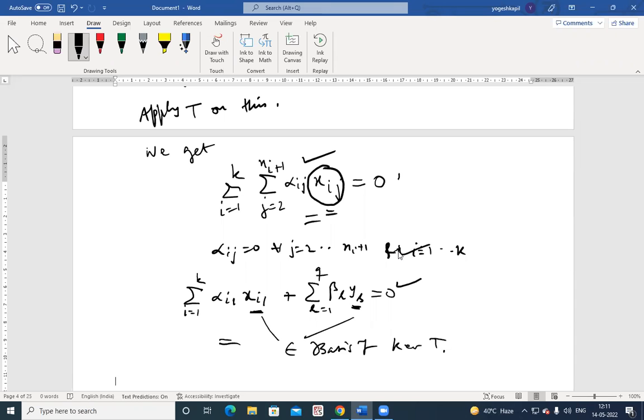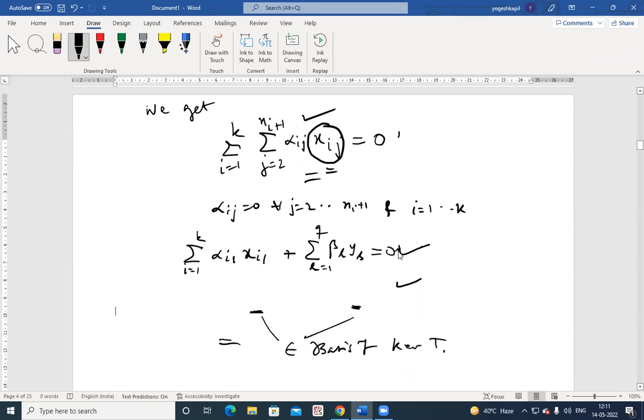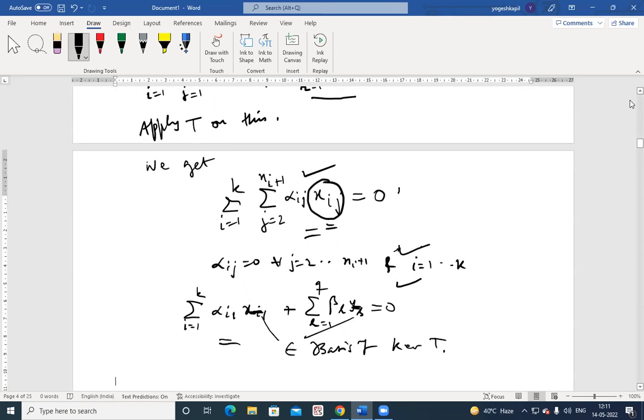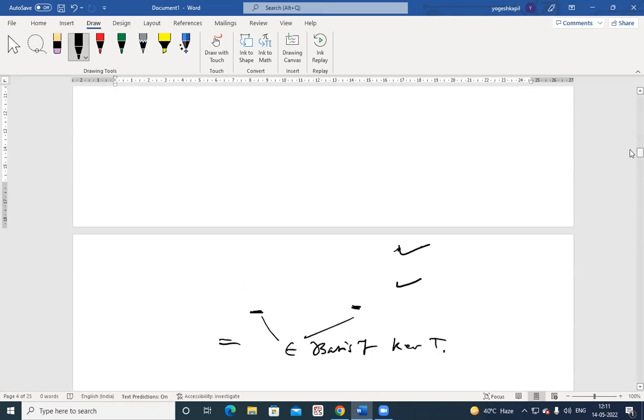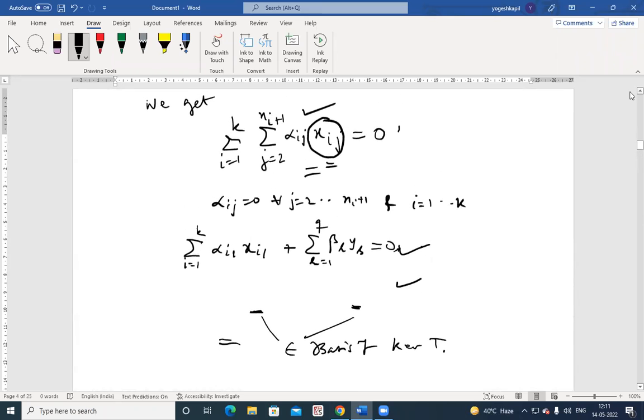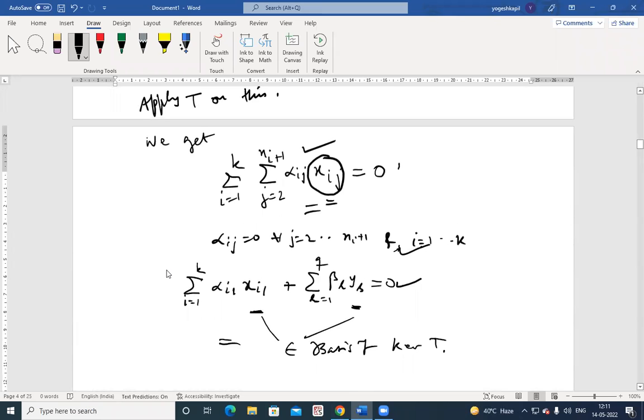Kernel T. And therefore, these alpha i's are 0 along with beta i's for all i's, for all i from 1 to k, and beta r's are 0 for all r's.